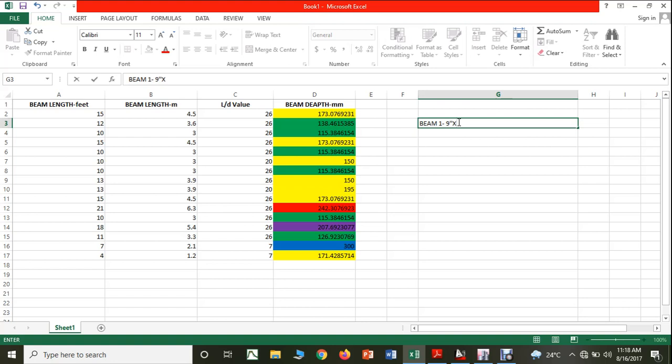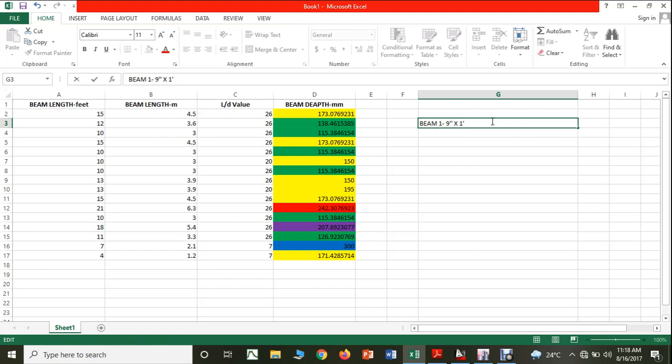If I convert 300 mm to inches, it is coming 11.8 inches. So let us make it 11 inch, or we can make it 12 inch. 12 inch means 1 feet. So let us make this a 1 feet beam. That is my first beam.